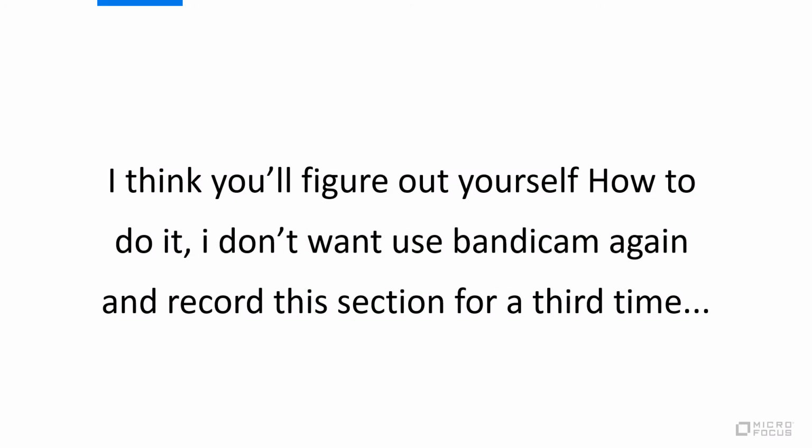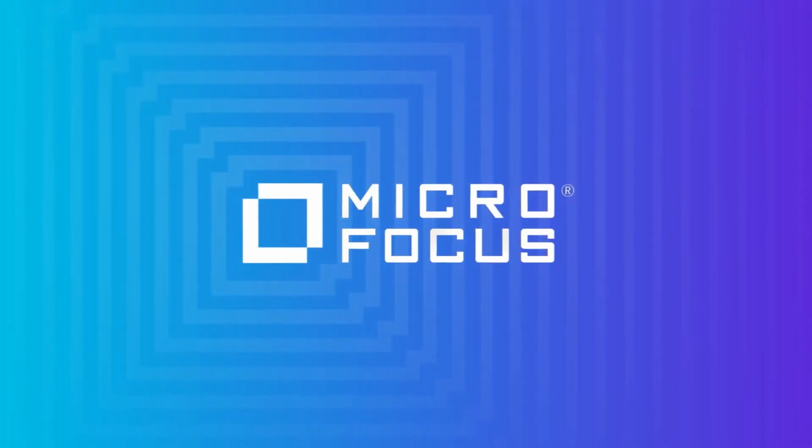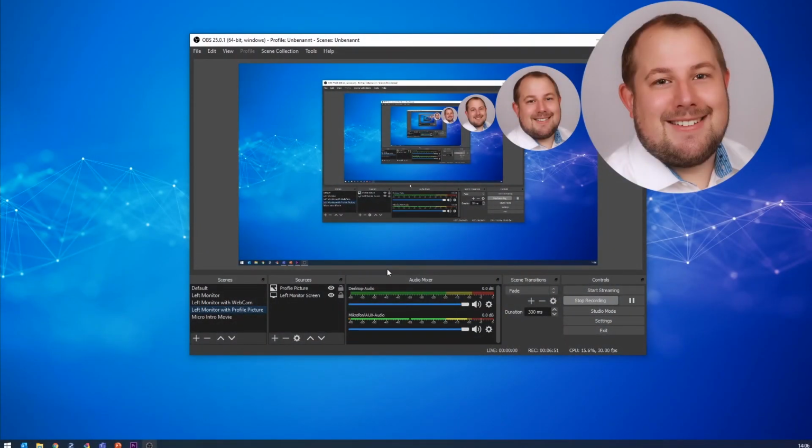And yes, that should be it. Give me a second here. Media source, not existing. Okay, and remove it from here. So now we have the Micro Focus intro movie in the Micro Focus intro movie scene. And I think that's it for the OBS setup.